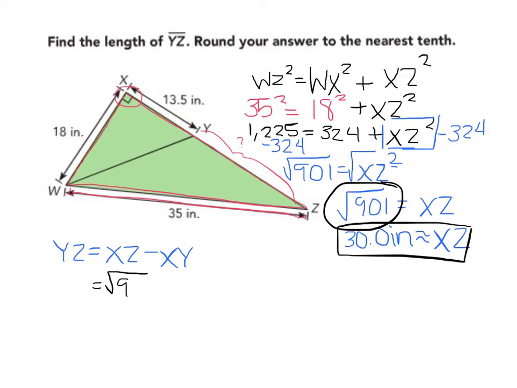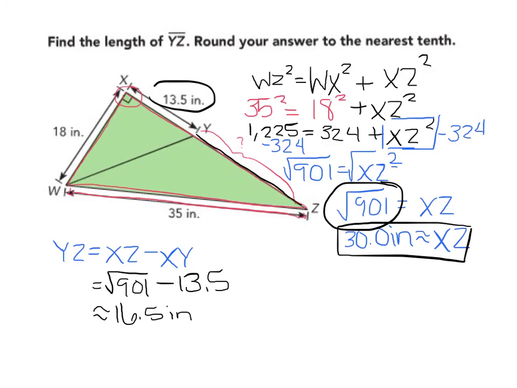So I'm going to put in the square root of 901 minus XY, which is 13.5. Put that in, and it gives me an answer of approximately 16.5 inches. So that's my answer. This piece right here equals approximately 16.5 inches.